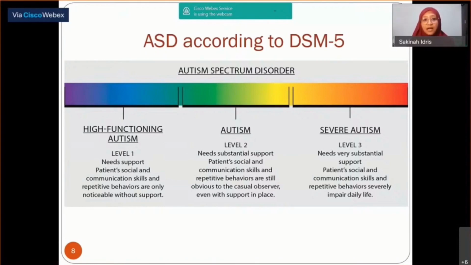So these are the continuum, like I said. Autism spectrum disorder is divided into 3 levels. The first one is high functioning autism, where this group of children need only less support from the parents or doctors, because they only need support in certain areas.